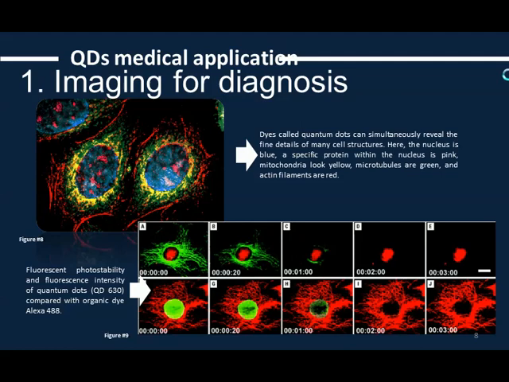For example, the red one is the quantum dot and the green one is the organic dye. We can see that, for example, at 3 minutes, the only brightness is due to the quantum dot. The organic dye has reduced its brightness, so quantum dots are good fluorophores. They have a good photostability.